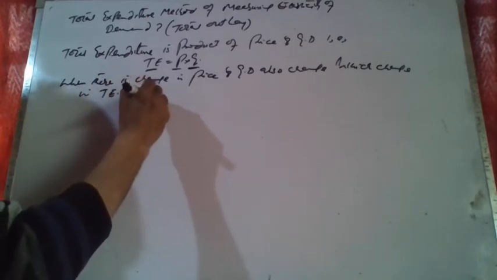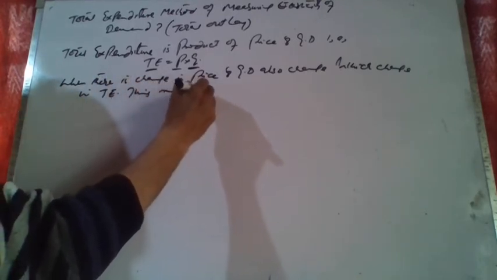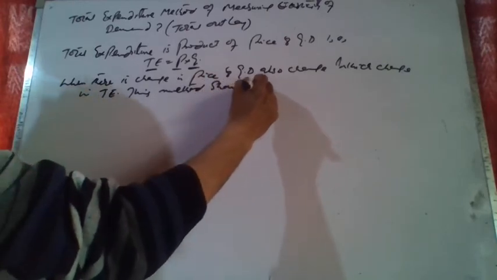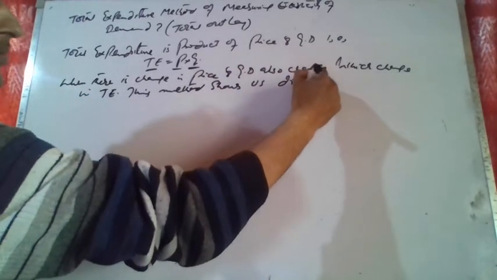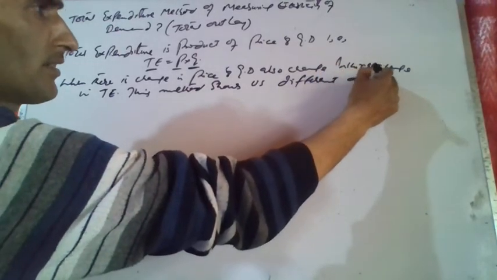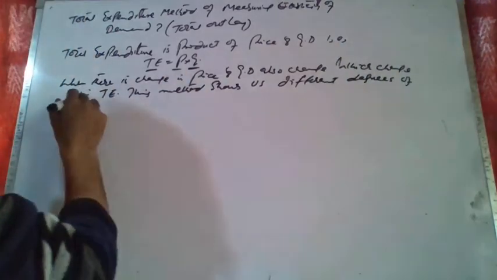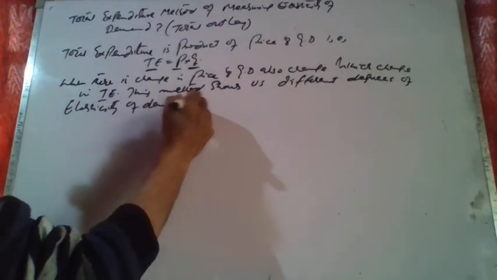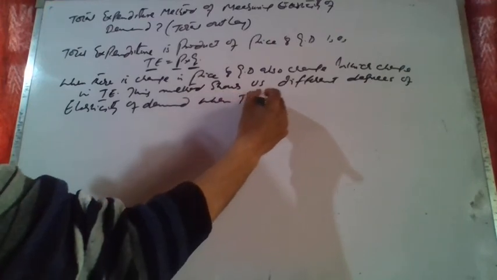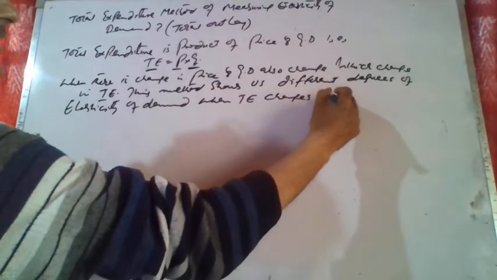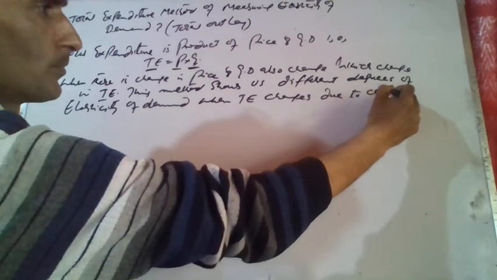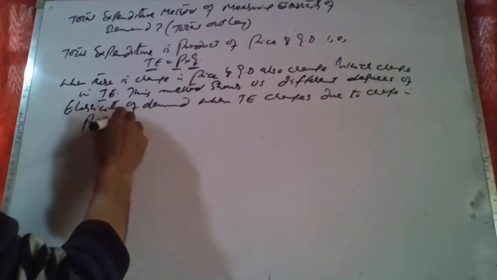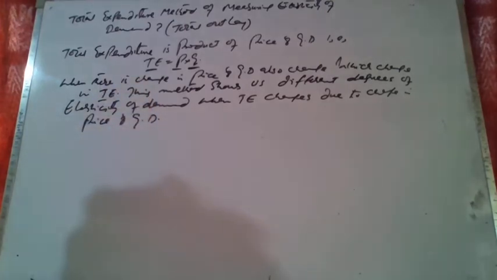This is the method. Under this method we see different degrees of elasticity of demand when total expenditure changes due to a change in price and quantity demanded.